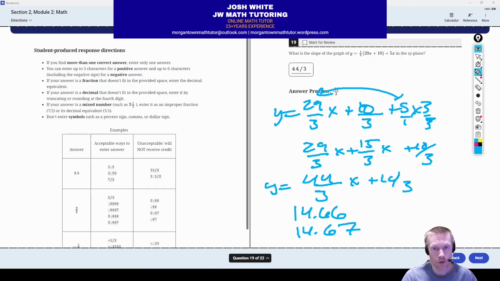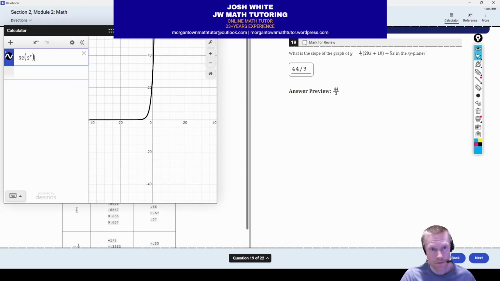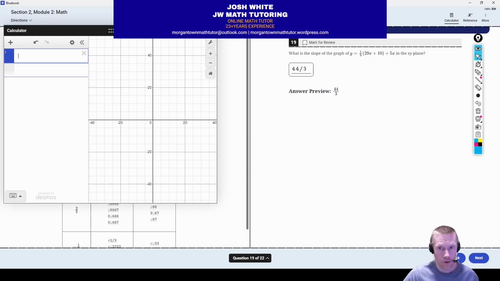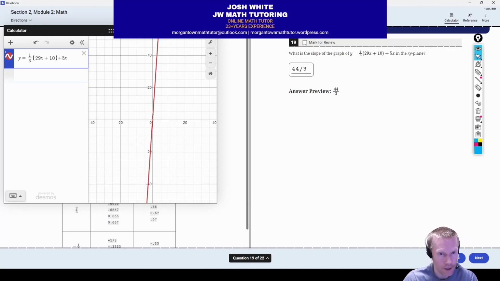Now, how could we do this in Desmos, though, as an alternate method to get the answer? All right, so what I'm going to do is I am going to just graph the function. Okay, so here's the function.